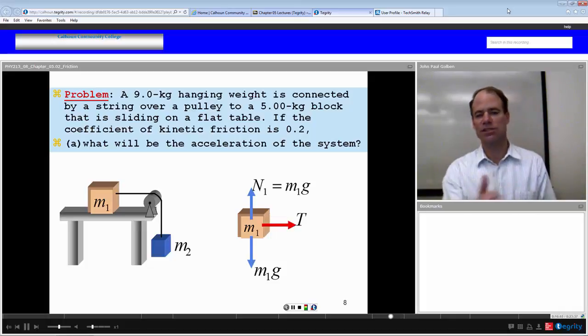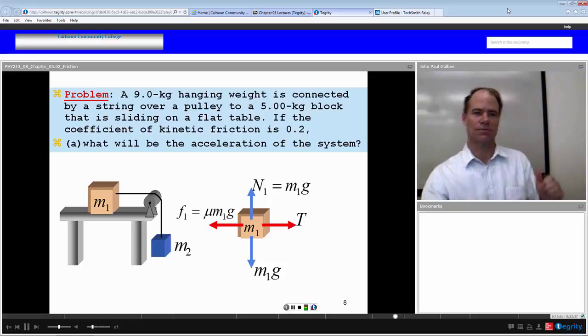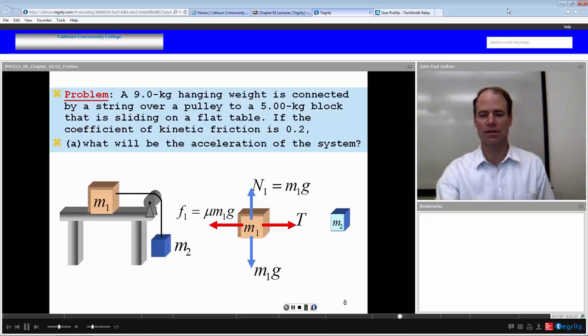It's going to have tension pulling it to the right, but now, since it's on this table, it's going to have a frictional force opposing its motion to the right. So that frictional force is going to be to the left, as you're looking at the screen. So that's going to be mu times m1g. So that is the free body diagram acting on mass 1.